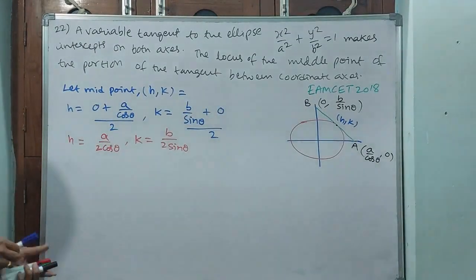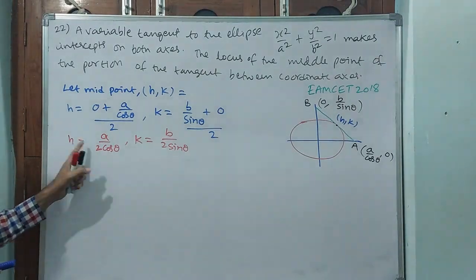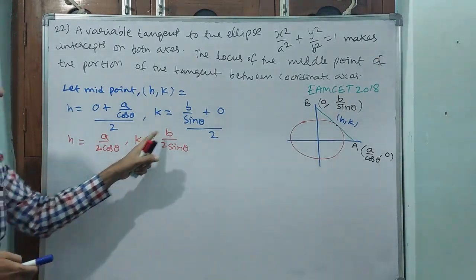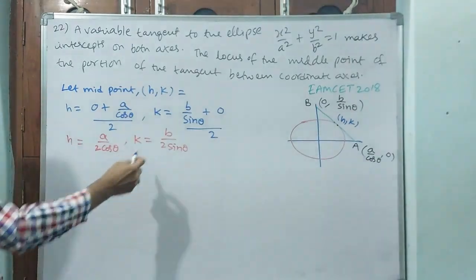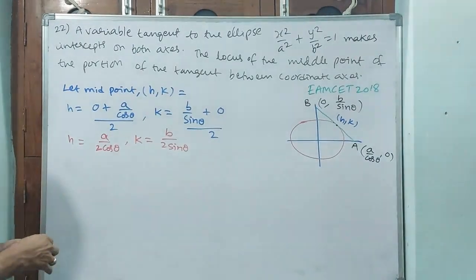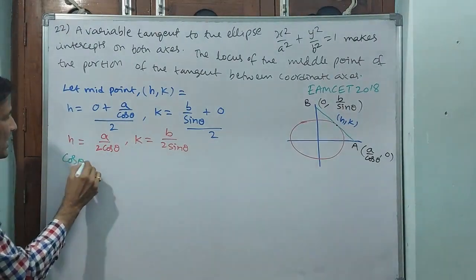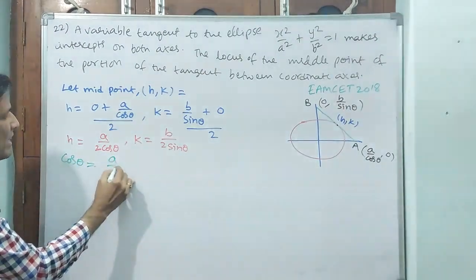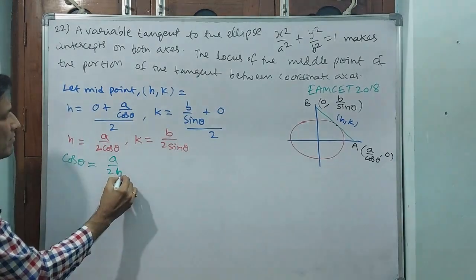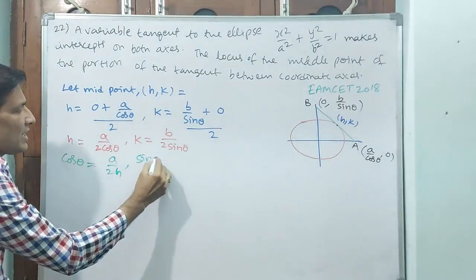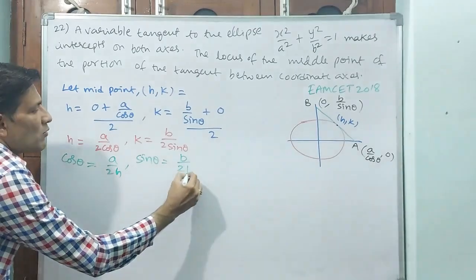Okay, see this here. h is equal to a by 2 cos theta, k is equal to b by 2 sin theta. You see how I am changing these equations. Now, cos theta is equal to a by 2h, comma, sin theta is equal to b by 2k.